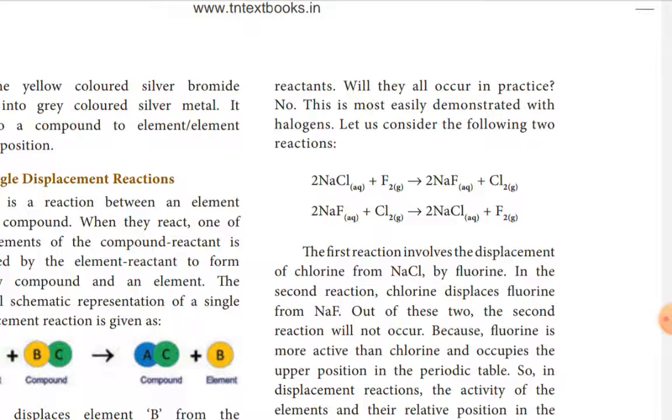Normally, highly reactive elements displace less reactive elements from their compounds. Here one example is given. Sodium chloride, 2NaCl, an aqueous solution, salt dissolved in water. When it reacts with fluorine gas, it gives sodium fluoride aqueous solution plus chlorine gas.